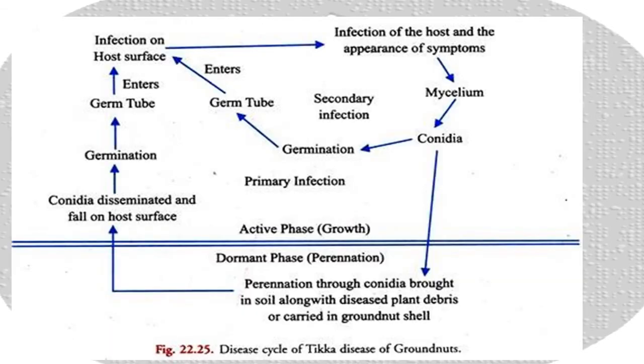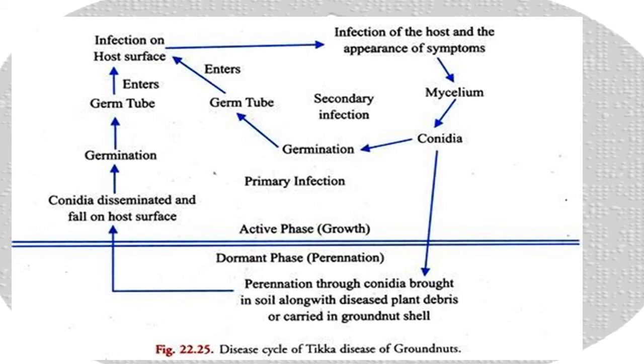Now, next, tree diagram. Disease cycle of Tikka disease of groundnut. First, upon infection on the host surface, the infection of the host and the appearance of symptoms, these are the mycelium, conidia, germination, germ tube enters, these are the secondary infection.